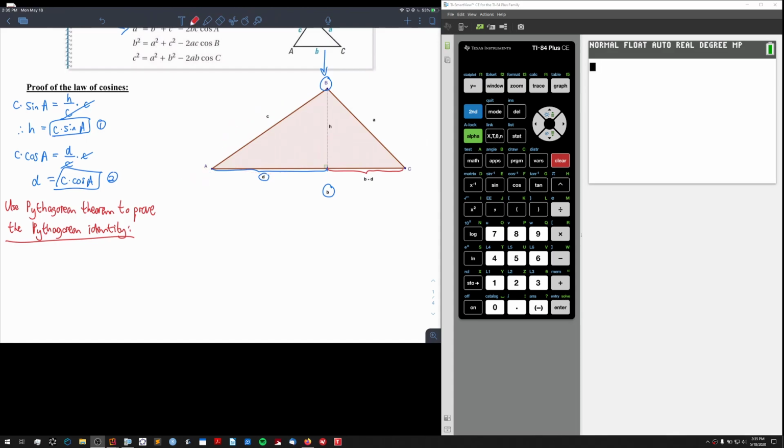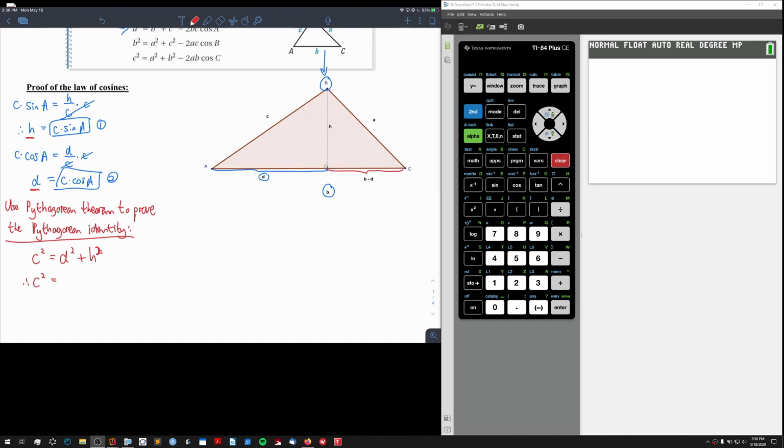Okay, so what does Pythagorean theorem tell me? It tells me that the hypotenuse c squared is equal to the sum of the squares of the two legs. So c squared equals d squared plus h squared. This is a leg, and this is a leg, and this is the hypotenuse. Okay, simple. Notice very nicely that equation 1 corresponds to H, and equation 2 corresponds to D. So let's plug equation 1 and 2 in here.